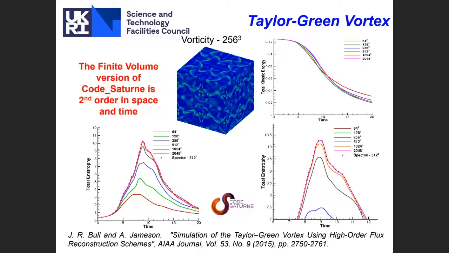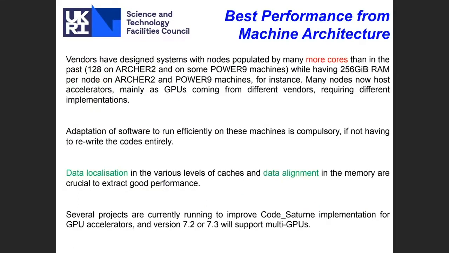Now, I said before that the trend for the new machines is nodes made of CPUs and accelerators, GPUs. There are many more cores than there used to be, 128 for Archer 2, and also some Power 9 machines, and sometimes 4 or 6 GPUs.